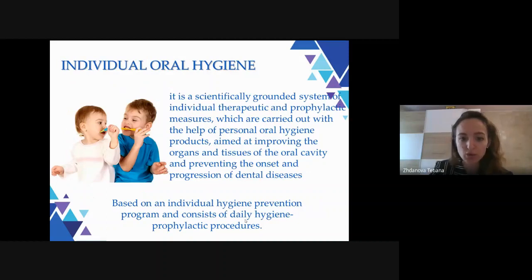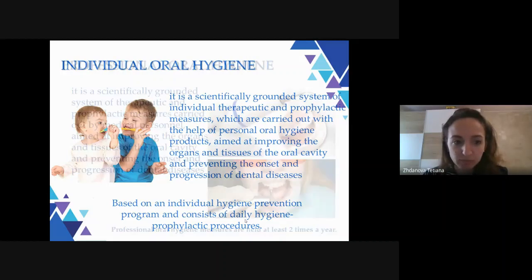Individual oral hygiene consists of different steps of individual therapeutic and preventive measures, which we carry out with the help of personal oral hygiene products. It is based on a prevention program and consists of daily hygiene preventive procedures.